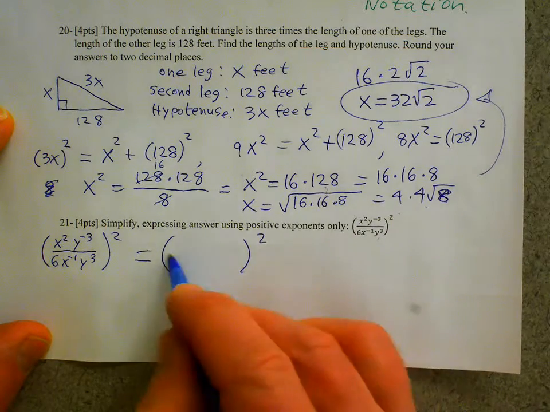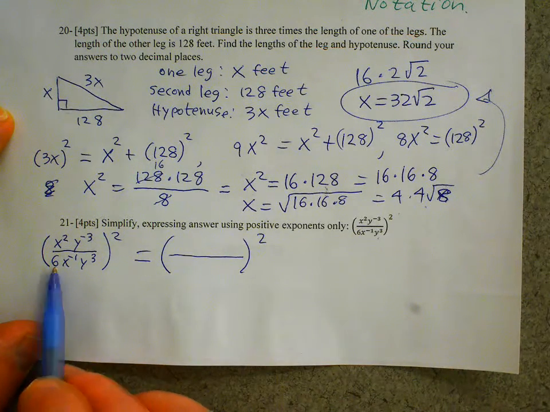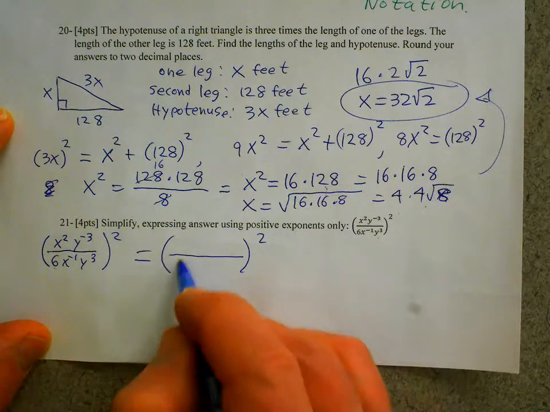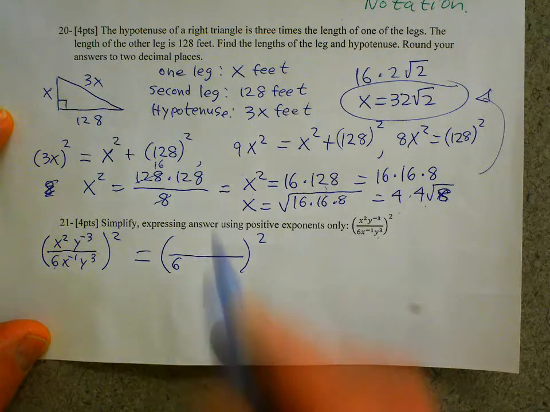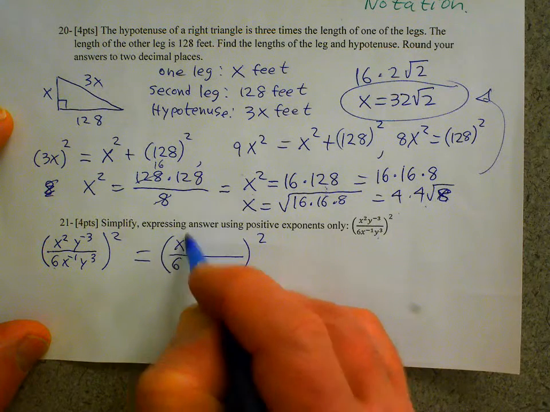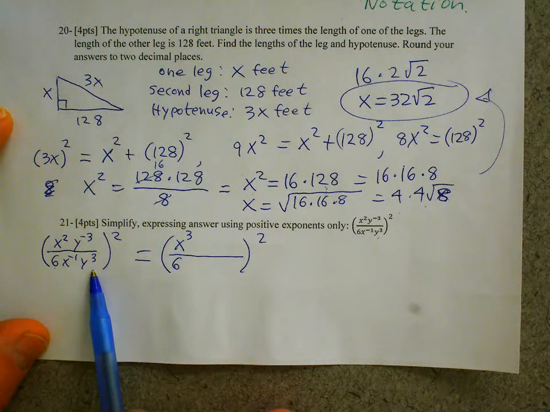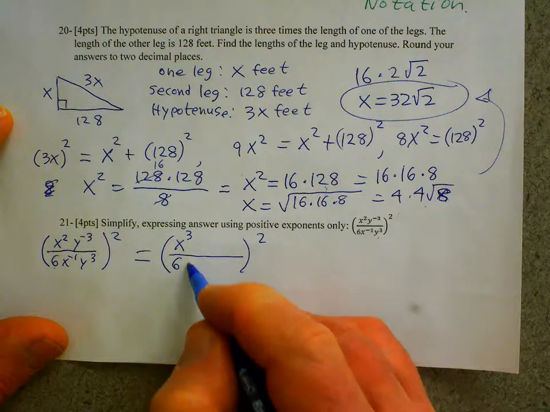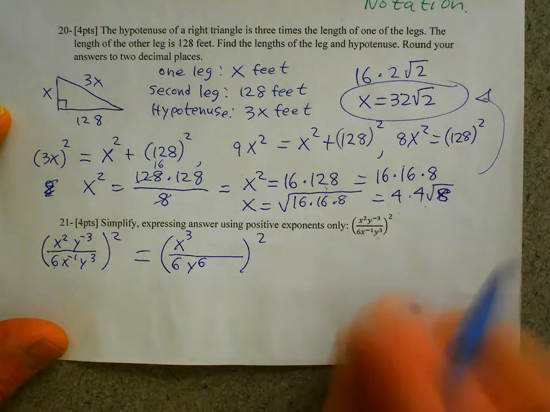Okay, so inside the parentheses, this factor 6 stays in the denominator. And then x to the second divided by x to the negative 1 is equivalent to x to the positive 3 in the numerator. And y to the negative 3 over y to the third is equivalent to y to the positive 6 in the denominator.